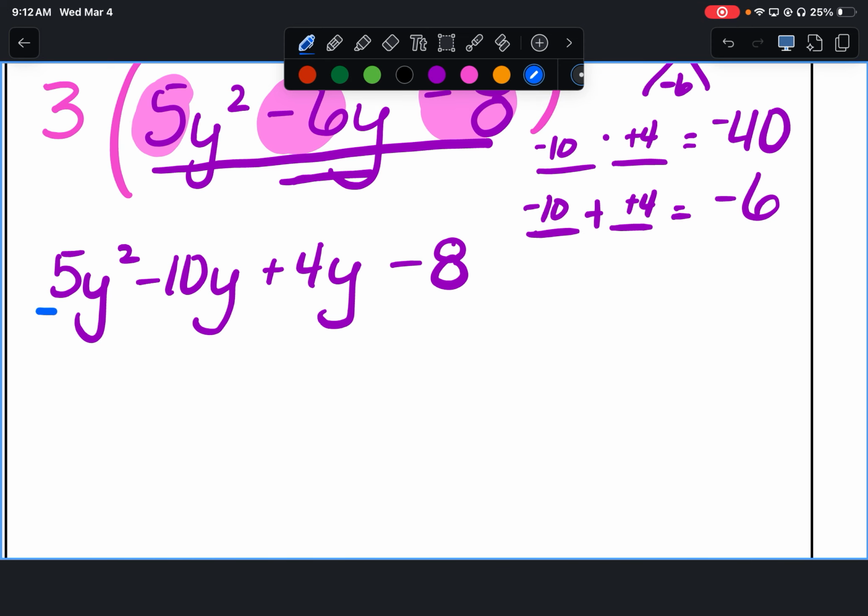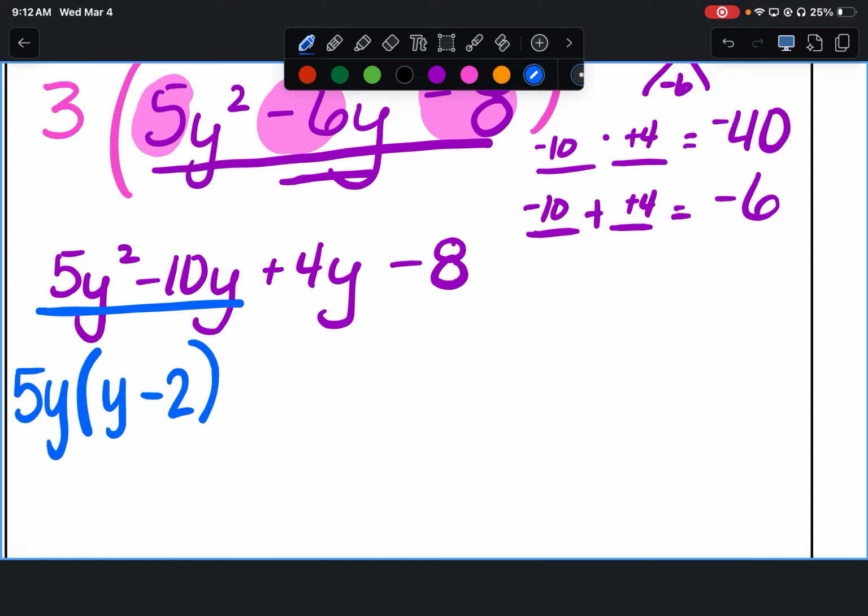Okay, so if we group the first two, what is the first two's GCF? 5y. Yep. What does that leave us with? y minus 2. And for the second half, what is our GCF? And what does that leave us with? y minus 2.